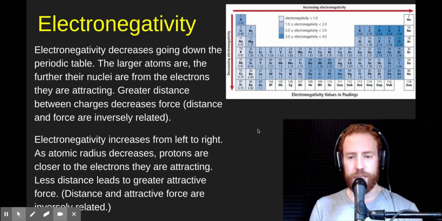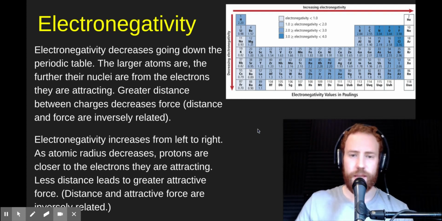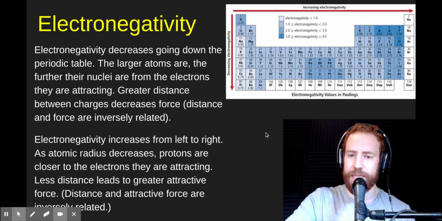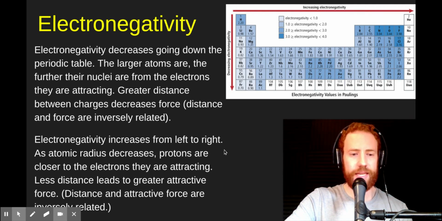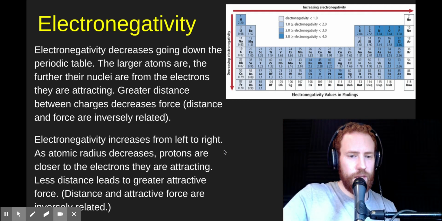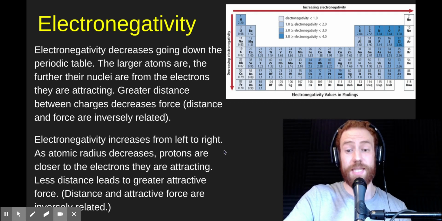So electronegativity, the pull with which an atom attracts other electrons to itself, follows the same trend that ionization energy does. It decreases going down and increases going from left to right. And again, this is due to Coulomb's law. And it really ties back to atomic radius and what's happening with the size of the atom.